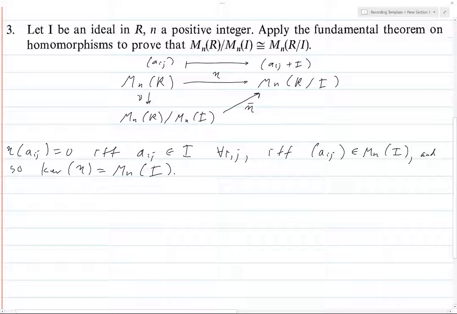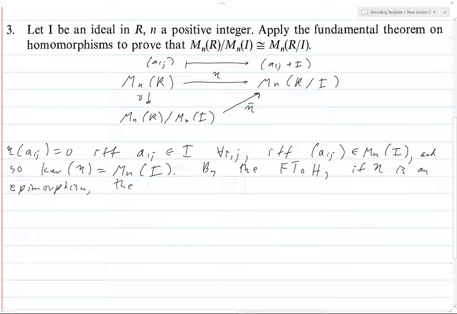So, by the fundamental theorem on homomorphisms, or whatever it is, if eta is an epimorphism, then eta bar is an isomorphism.